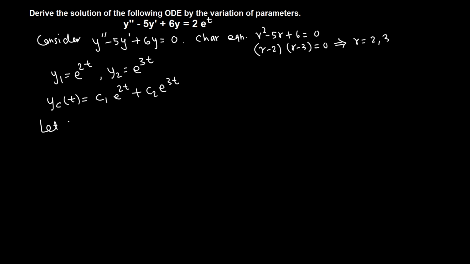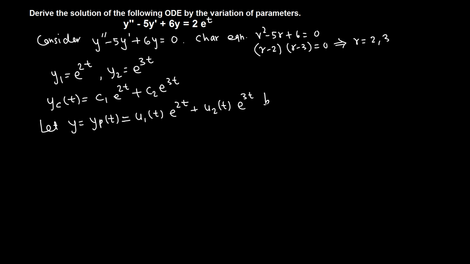Now we let y be a particular solution. We just vary these coefficients, these parameters, by functions of t. So we write, let's say, u1 and u2. So u1 as a function of t, e2t, plus u2 as a function of t, e3t.